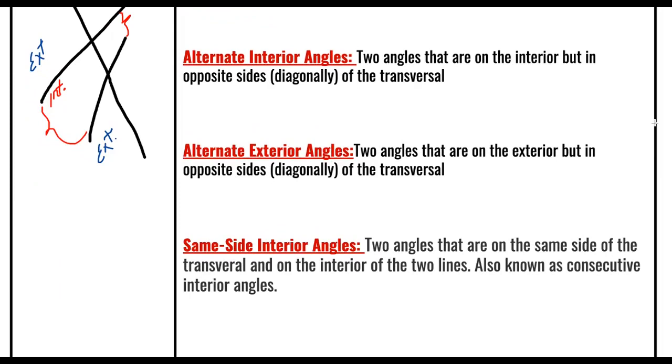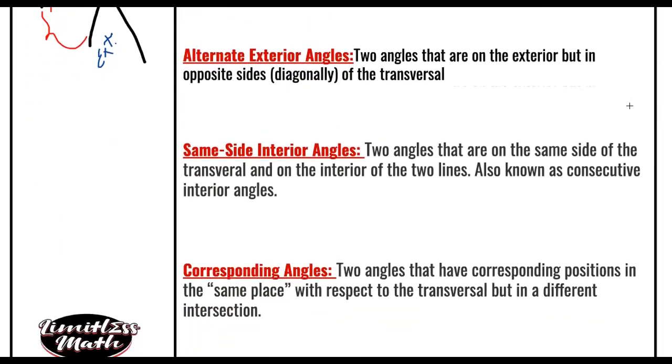I'll show you that in a moment. But they're on the interior, okay? Same side of the transversal, but in the interior. And they're also known as consecutive interior angles. So you'll hear either way, same side interior or consecutive interior is talking about the same thing.